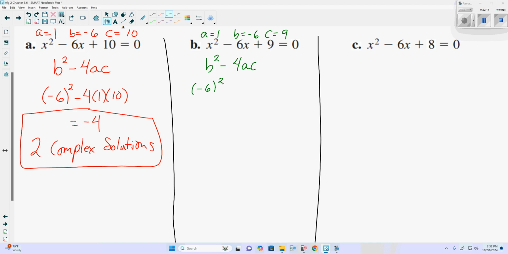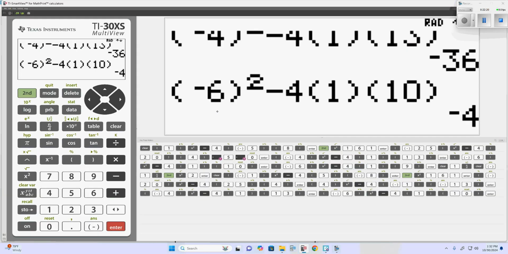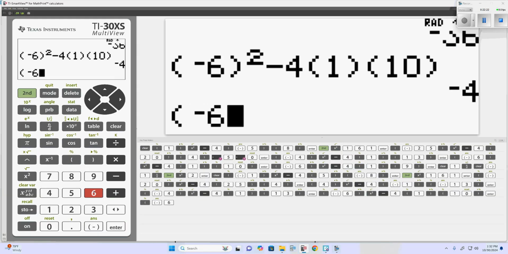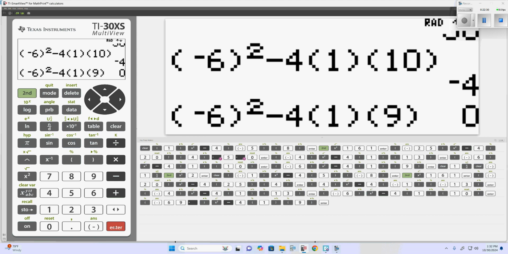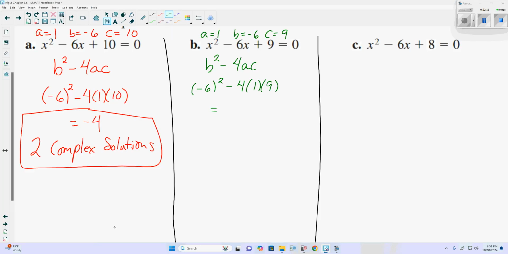All right, so we'd have -6 squared minus 4 times 1 times 9. And again, at this point, we'll type it in, parentheses, -6 squared minus 4 times 1 times 9 is 0.